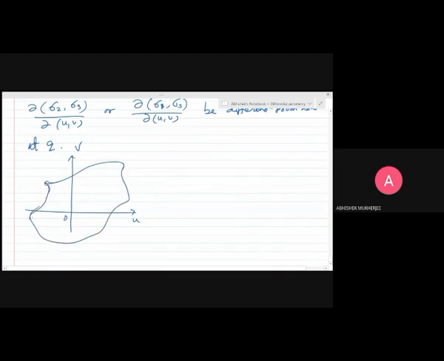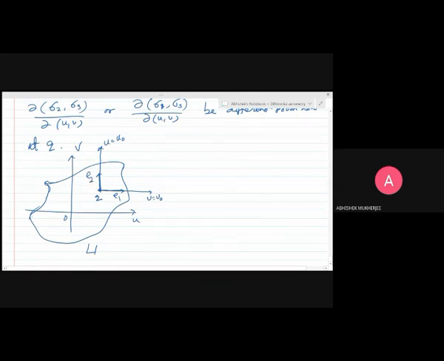Now if you take q as a point, let it be v equal to v naught, and along this direction you consider u1, and let it be u equal to u naught, and along this direction you consider e2.